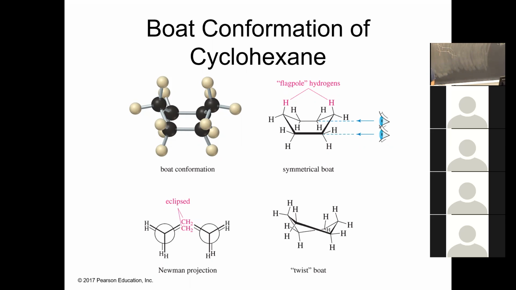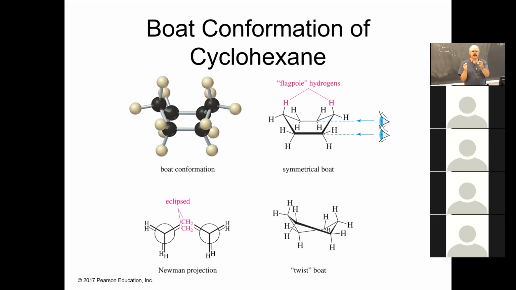The boat conformation looks like this, in which we have these 4 carbons in the same plane, and then these 2 are above. When we look along these 2 bonds, we see that the hydrogens are eclipsed. The CH2 groups, the methylenes, are eclipsed.